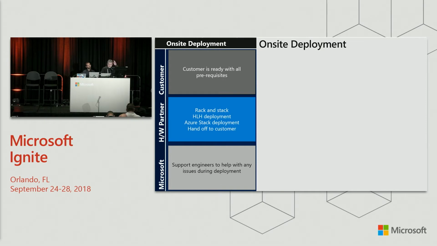So when the deployment engineer comes in, the thing you need to think through as a customer is that you need to be ready with everything. With all the information you've given your hardware vendor, once they're there, it is very hard on you and on them to change your mind and say, oh no, let's change the IP space.